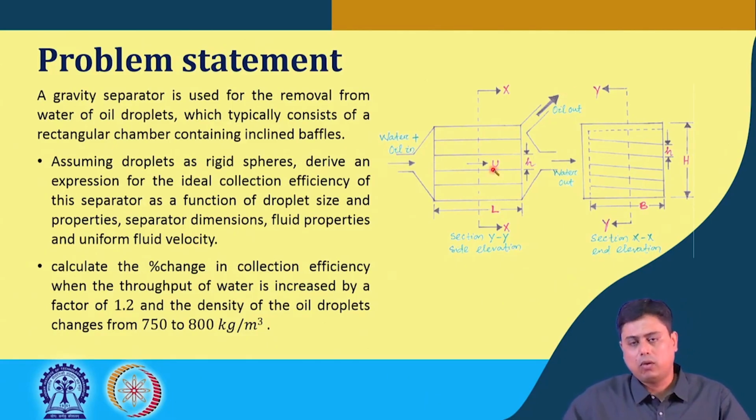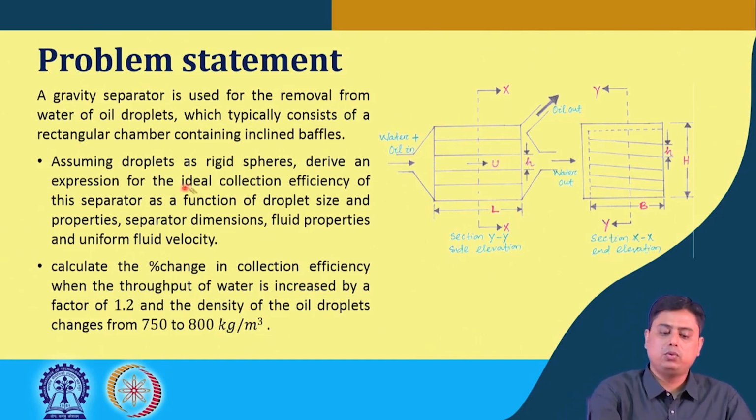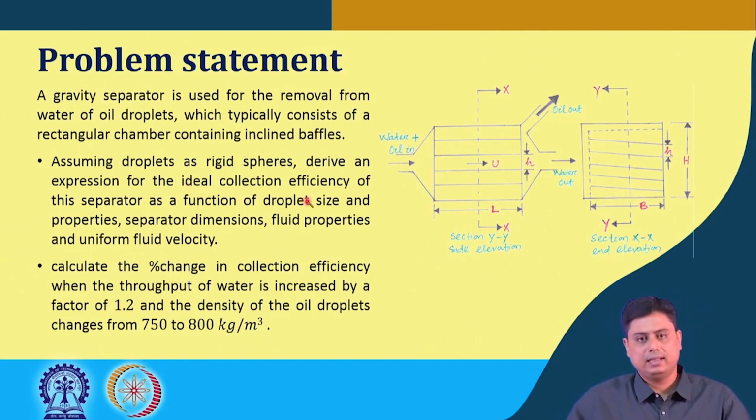If not, then what is the efficiency? Ideally it has to be 100% efficient, which does not happen, but here we have to look for the ideal collection efficiency, considering all ideal cases, although practical aspects can be different. So this is the first part.